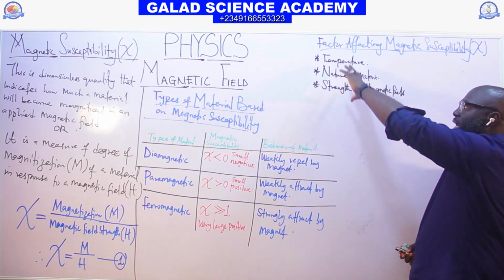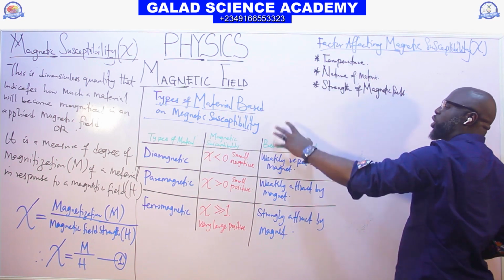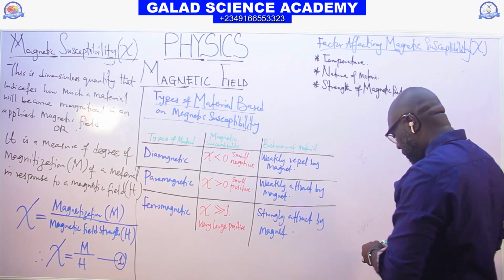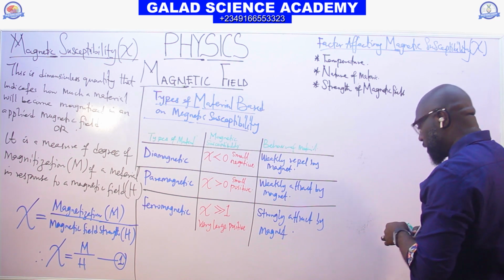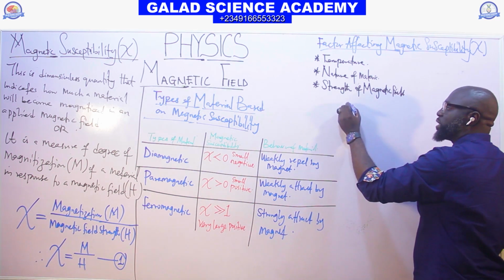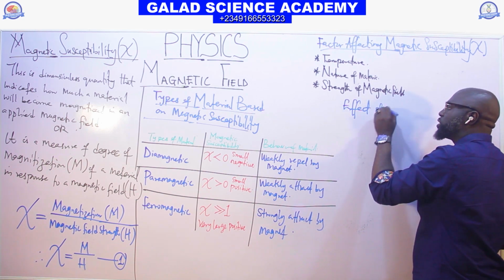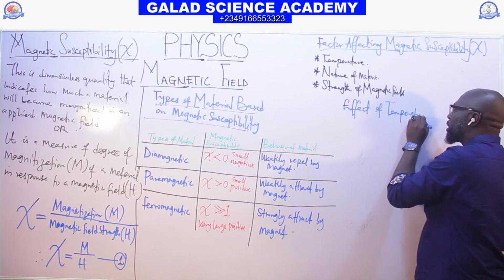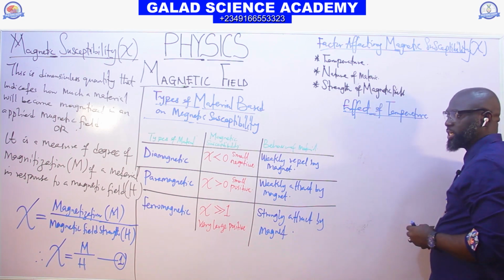So I would like to explain the effect of each factor on magnetic susceptibility of each material. The first one, let's start from the effect of temperature on magnetic susceptibility.